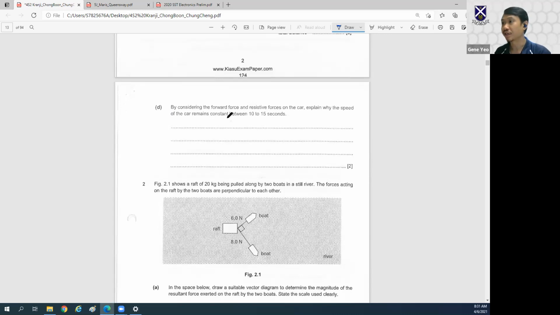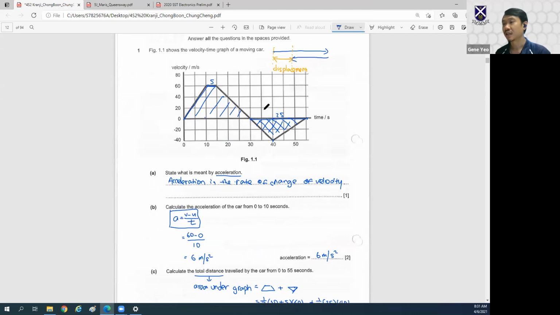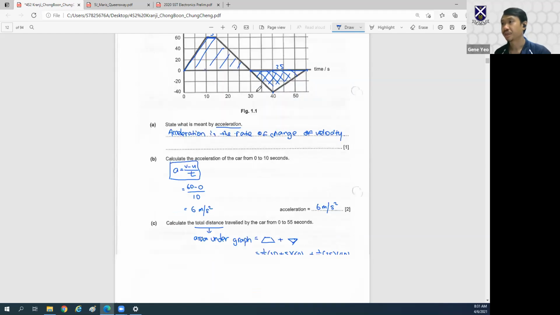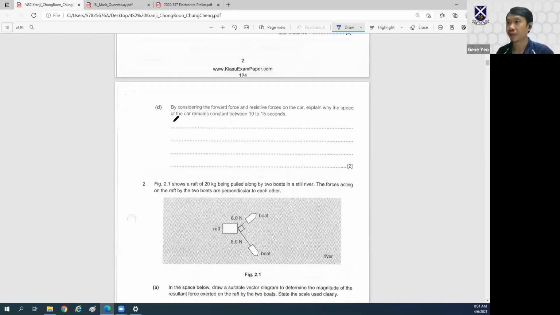Okay, so by considering the forward force and the resistive force, explain why the speed remains constant between 10 and 15 seconds. So between 10 and 15 seconds, the speed is constant. You have to remember this logic.